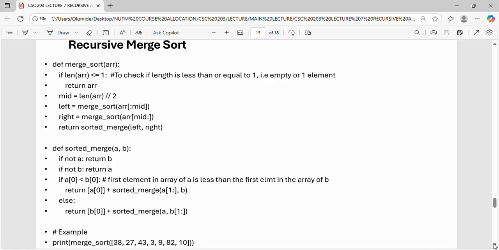B. You can see this one here, like I said earlier, we want to check if it is 1 element there. Then we have A comma B, else return B, that is, B plus sort merge, and that's just it.